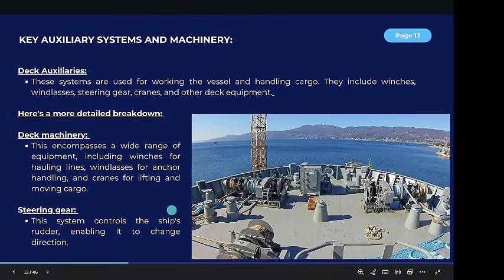These are vital for the safe and efficient operation of any vessel. They are designed to handle the stresses and demands of the maritime environment and play a crucial role in both routine operations and emergency operations.